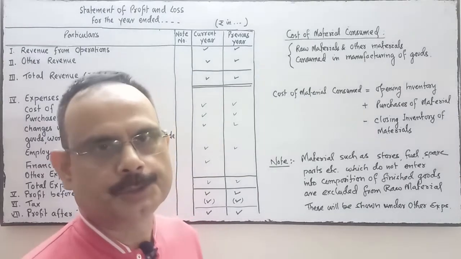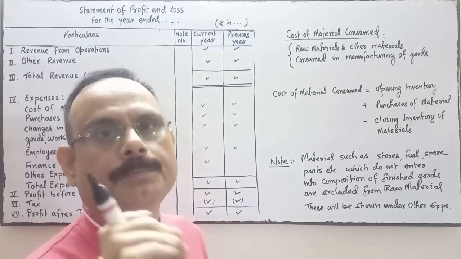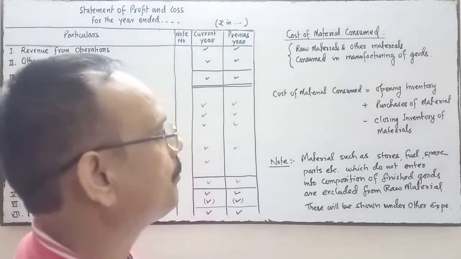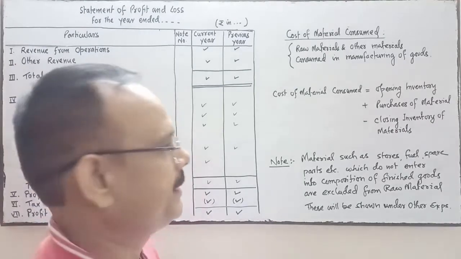Cost of material consumed equals opening inventory of raw material plus purchase of raw material minus closing inventory of raw material.